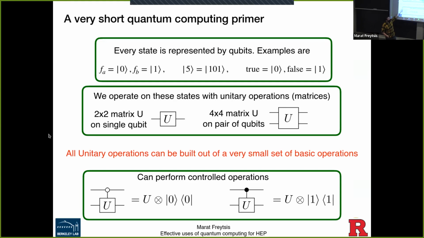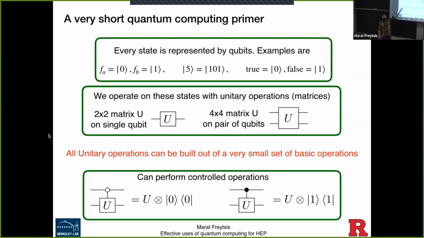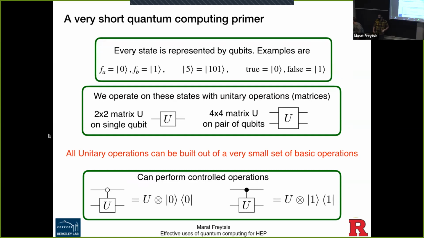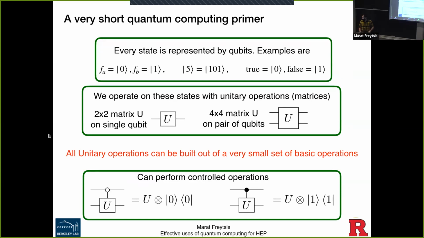If it's 0, then you apply this unitary U to the other qubit, and if it's in state 1, then you do nothing, or vice versa. And as long as you have sufficient freedom in your one qubit unitaries, you can decompose the large unitary into some number of these gates.